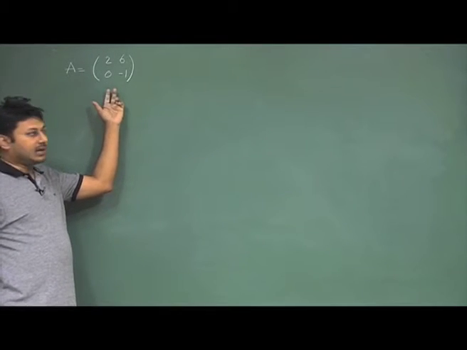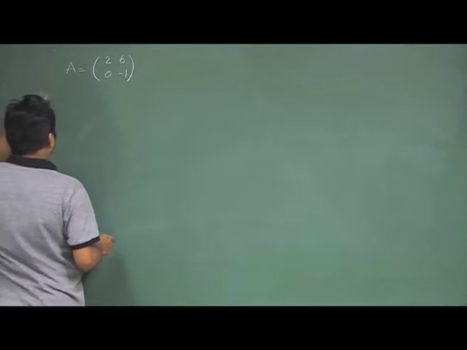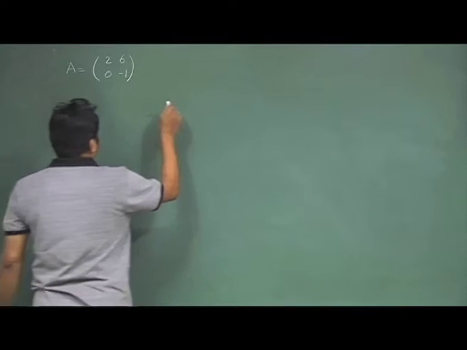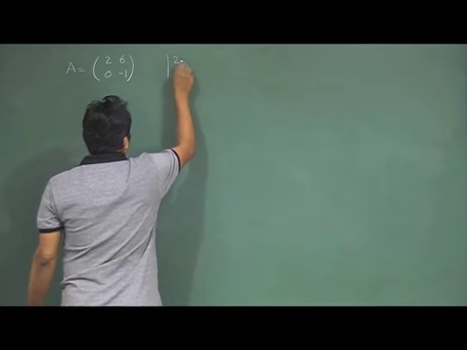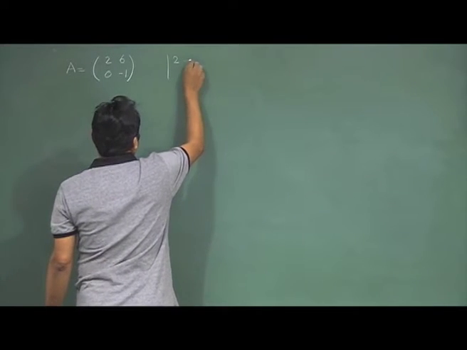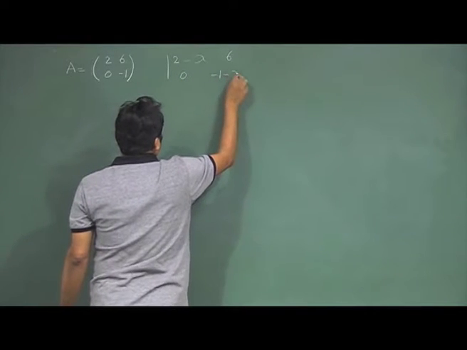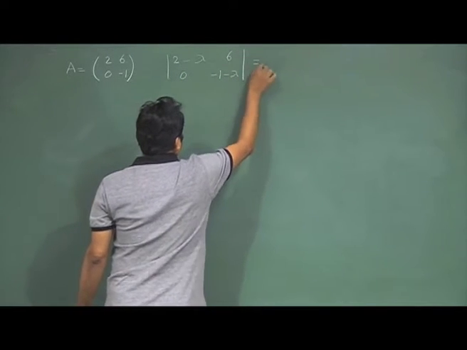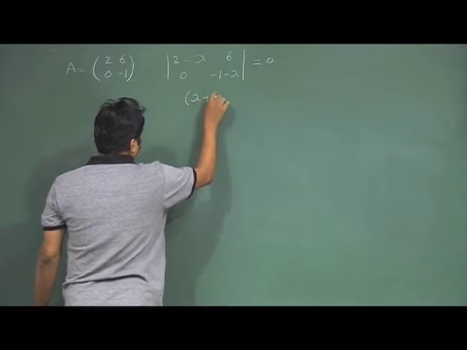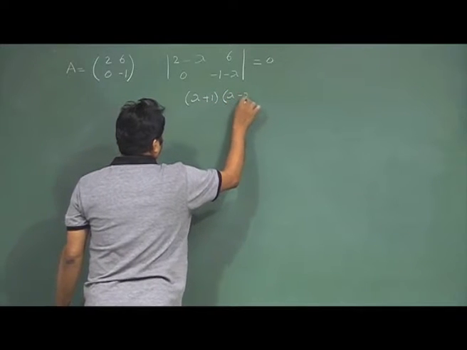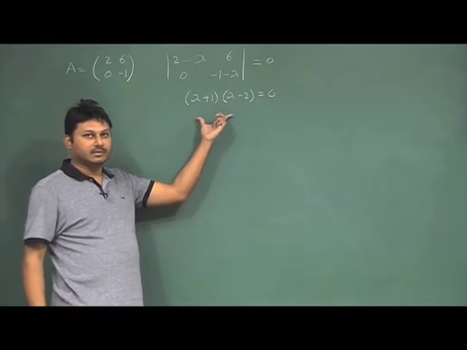This is the matrix I take, and I need to diagonalize it. The first thing is to find the eigenvalues and eigenvectors. So the determinant of 2 minus lambda, 6, 0, minus 1 minus lambda is equal to 0. I have a straightforward equation, lambda plus 1 times lambda minus 2 is equal to 0.